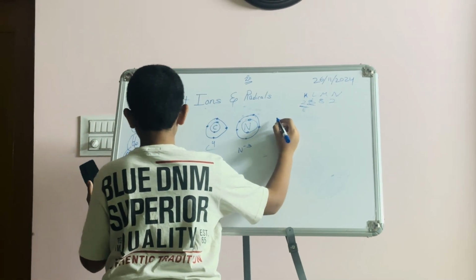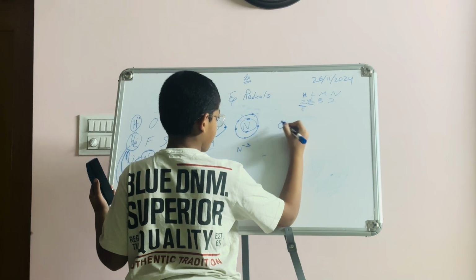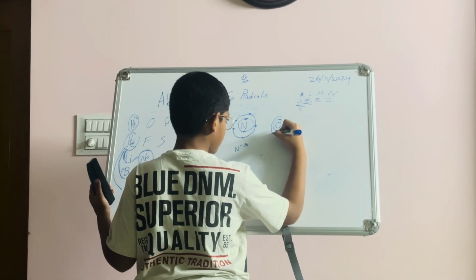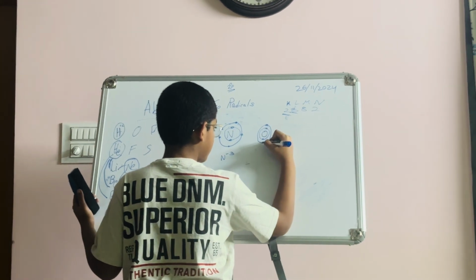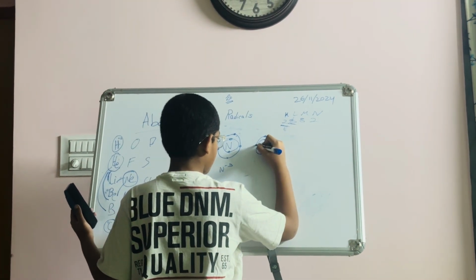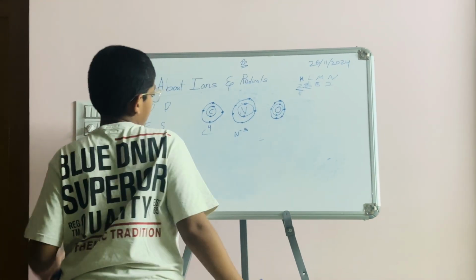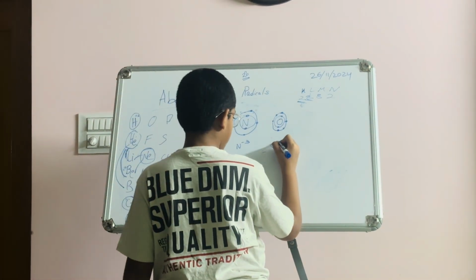Now, after nitrogen, oxygen. It has 2 in its cation and 6 in the outermost L shell. It gains 2, so it's O minus 2.